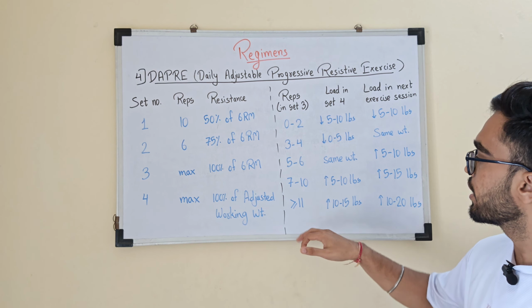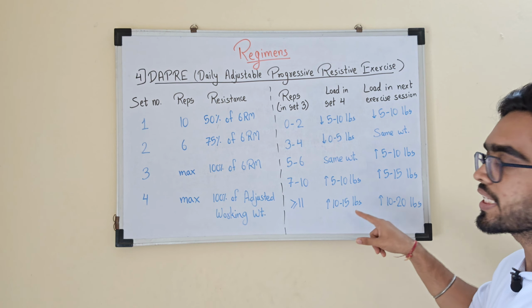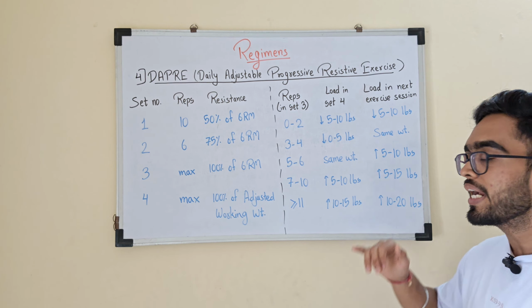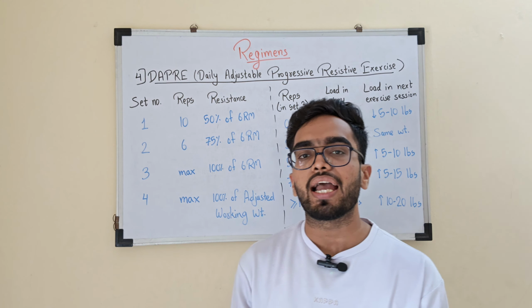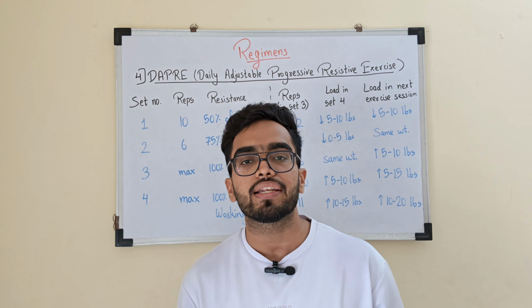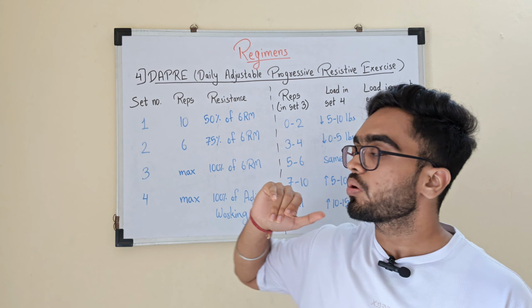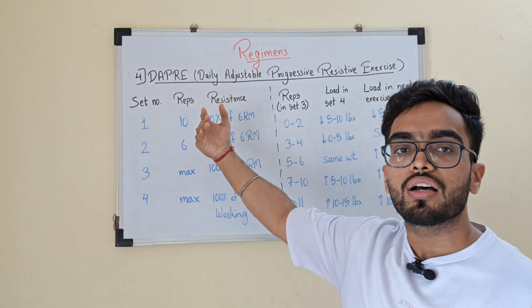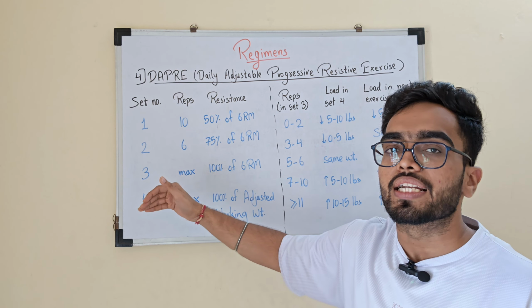Okay, and if he does 11 or more reps, then in the fourth set we will increase the weight by 10 to 15 pounds and in the next session we will increase the weight by 10 to 20 pounds. So this is a highly customizable technique. You need to adjust the weights of the fourth set according to the number of reps done by the individual in the third set.